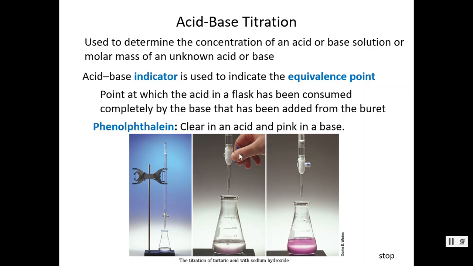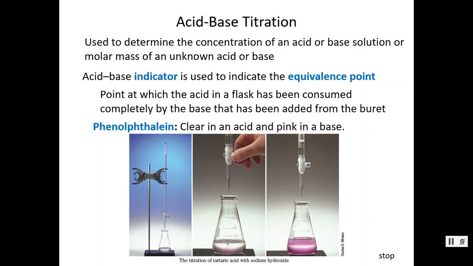Then you start to gently add your base to your acid indicator solution. And you want to be able to determine moles of base of your sample, and you can determine that by the color change of the indicator.